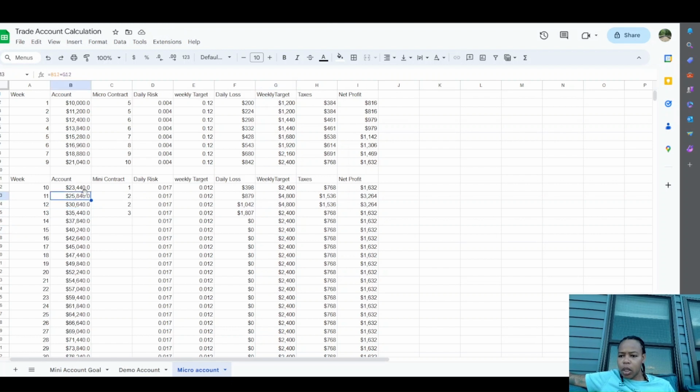G13, G14. All right. Cool. 2 contracts. So this should not change. The daily loss amounts. So if it's 1 contract, if I lose the 400, I'm done. Then this should be 800. This should be 800.